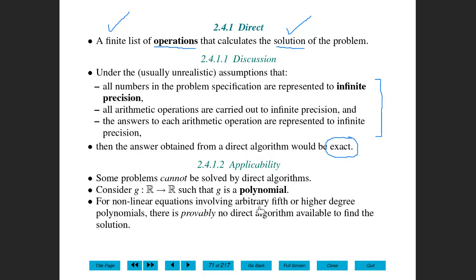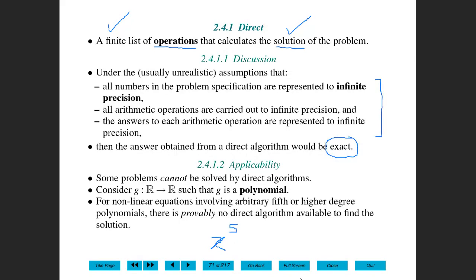If we have a fifth degree polynomial, the maximum power is 5, for example x raised to the power 5. So a direct algorithm won't help us, and then we need to go towards the indirect algorithm.